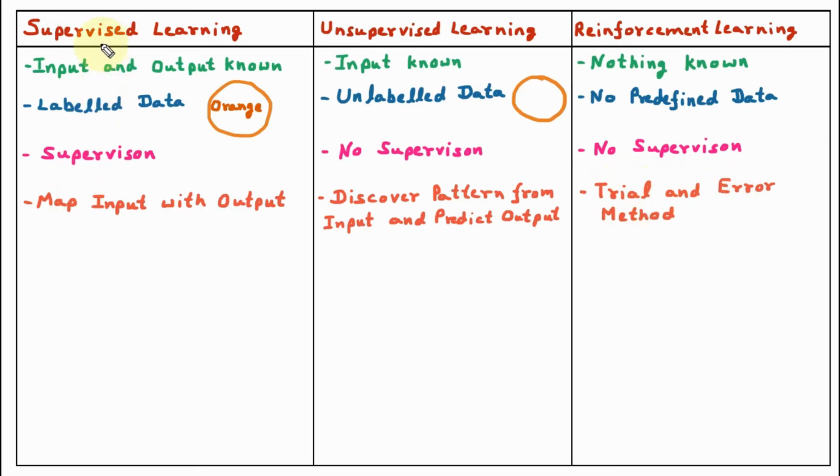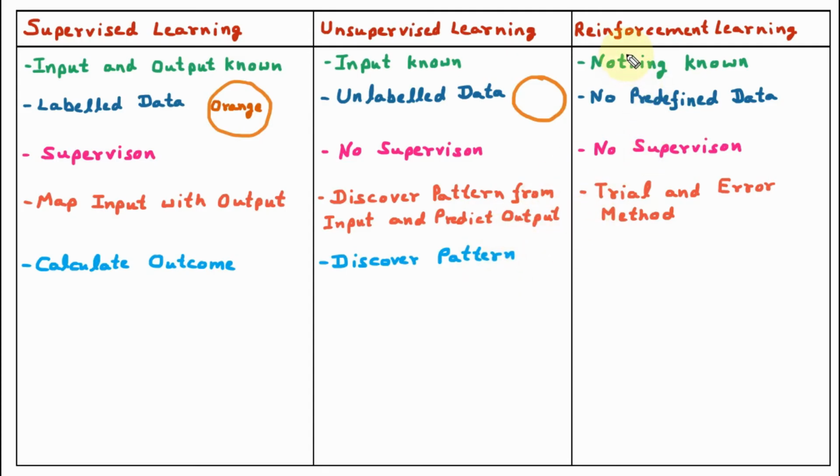In supervised learning, the main aim is to calculate the outcome. As we know the output, we can easily calculate the outcome. In unsupervised learning, the main aim is to discover patterns. As we don't have any idea about the output and the data is unlabeled, from here we can discover the patterns.